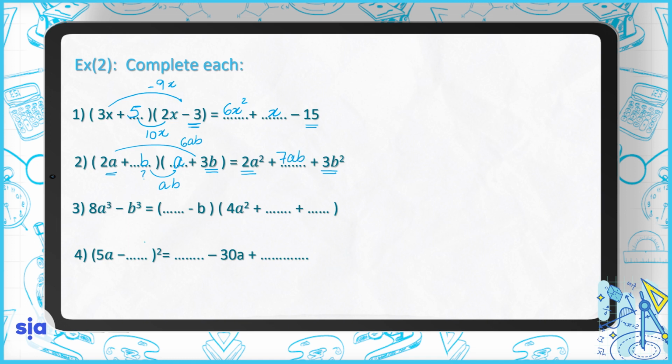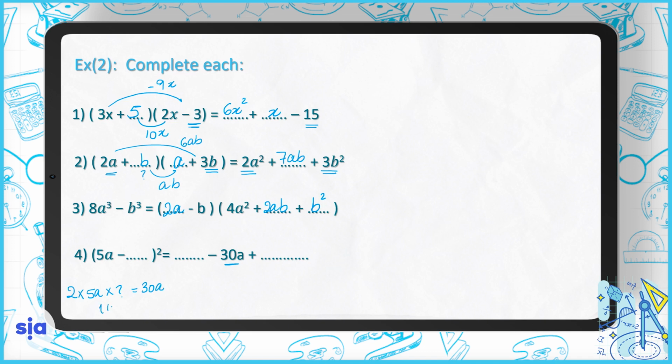Question 3, how to factorize this? This is 2a in here, and then this one will be 2ab plus b squared. Question 5, this number is 30. It came from 2 times 5a times what number gives you 30a?